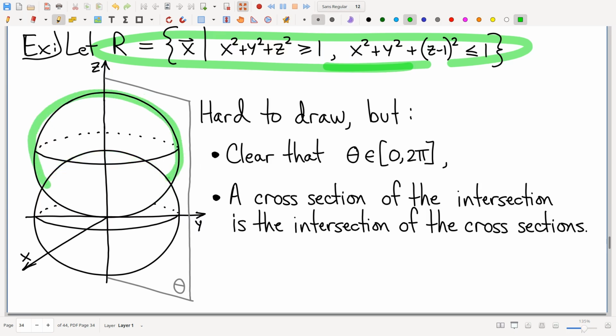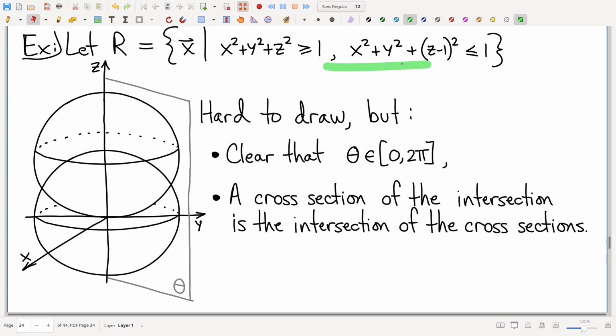like this, well, then it looks like it's kind of solid in here, but it's kind of hollow in there. I mean, there's ice cream on the near edge and the far edge, but it's hollow in the middle. It's just a hard thing to draw, right? So, okay, if I have this hard thing to draw, and if I need to talk about taking cross sections of it, right?